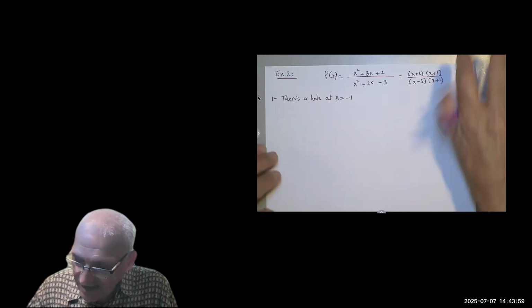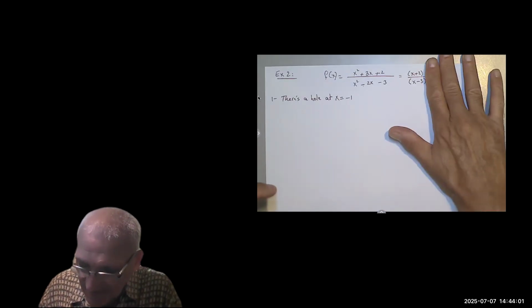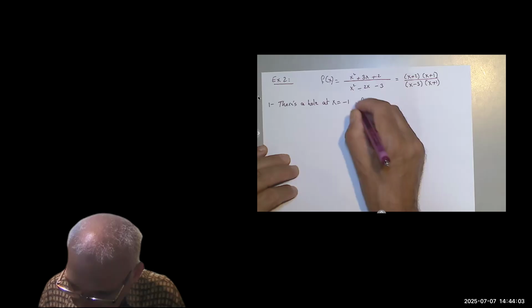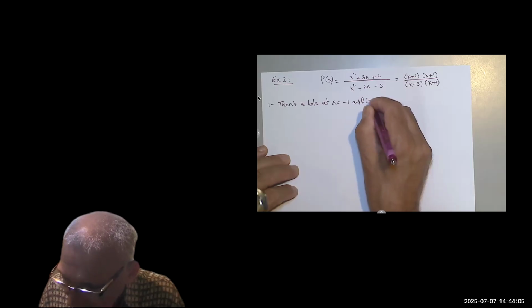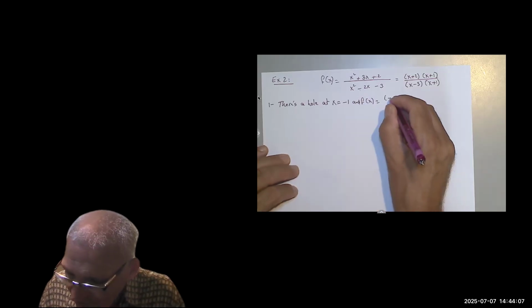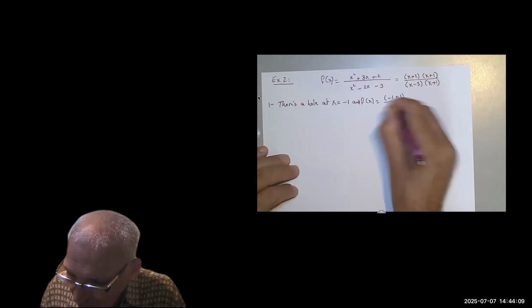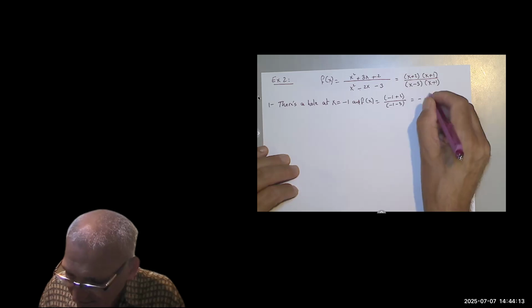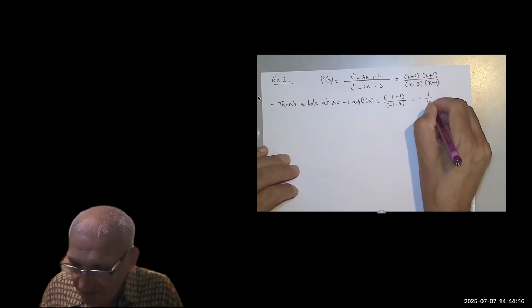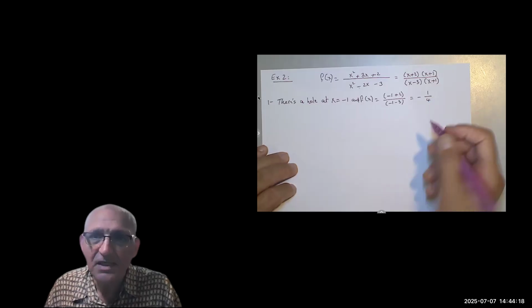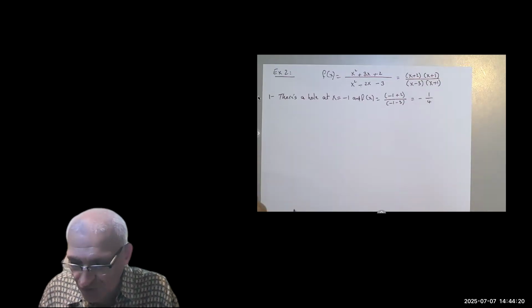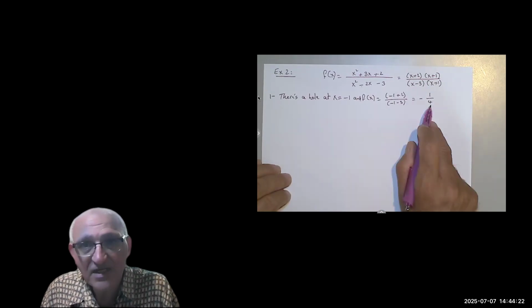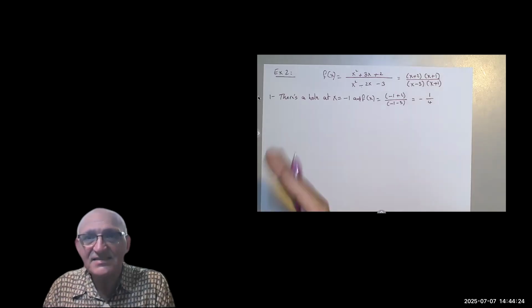And if x is negative 1, you hide that and you say f of x is negative 1 plus 2 over negative 1 minus 3. So it's 1 over negative 4, so negative 0.25. So the point negative 1, negative 0.25 is a hole.